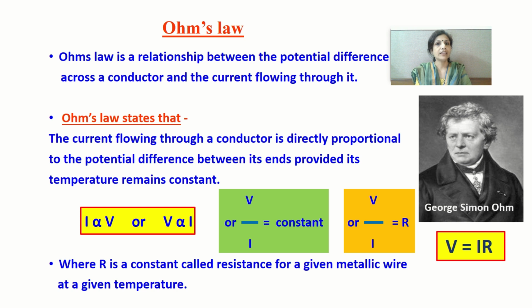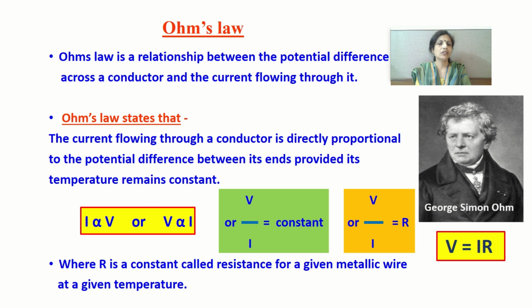We can also write it like this: V upon I is equal to a constant of proportionality, and this constant of proportionality is denoted by the letter R. So V upon I is equal to R. From this, I get the formula V is equal to IR, and this is the most famous Ohm's law.